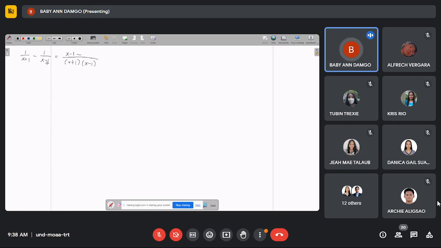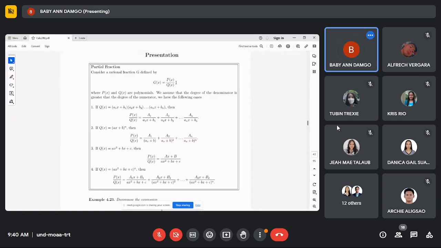So we have four cases, no, for partial fraction. Okay, so consider rational expression g of x equal to p over q. So p and q here are polynomials. And then we assume that the degree of the denominator is greater than the degree of the numerator.